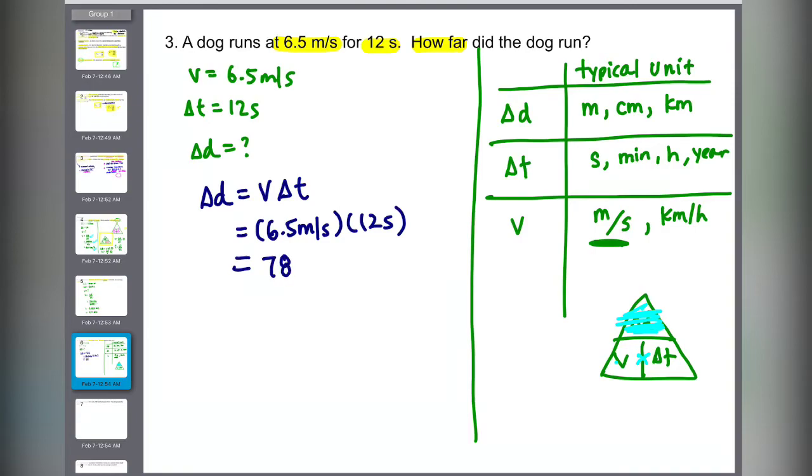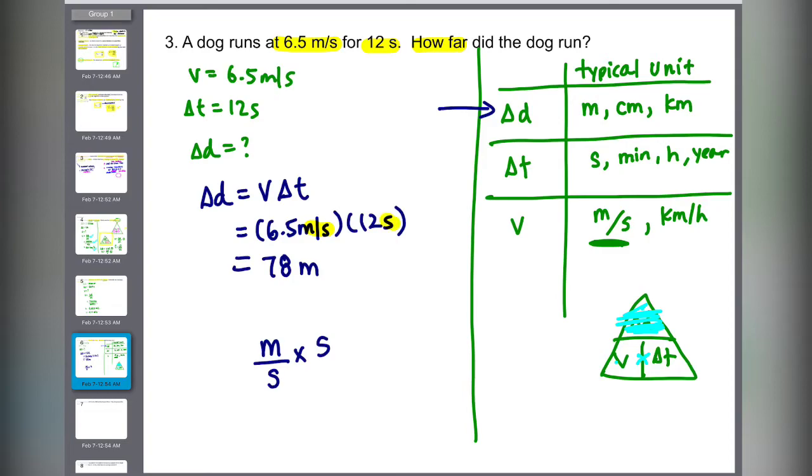The unit, I have meters per second times second. One thing to do is you can look back onto your chart. Which one makes sense? I need a length. If I look at the units they give me, it is meters. The other way that you can look at it is by just analyzing the unit. I know meters per second can be written out like that. I have meters per second multiplied by second.